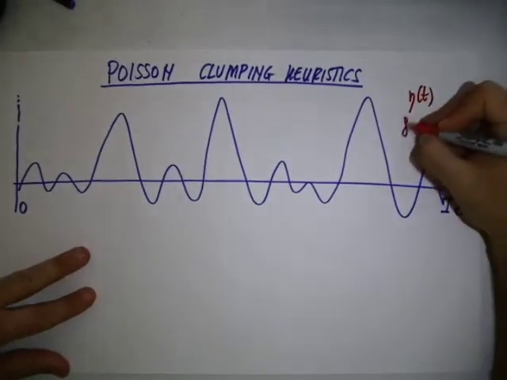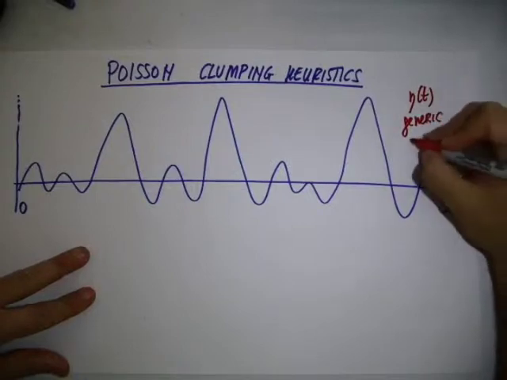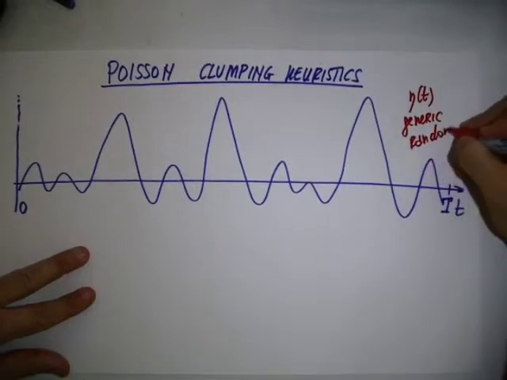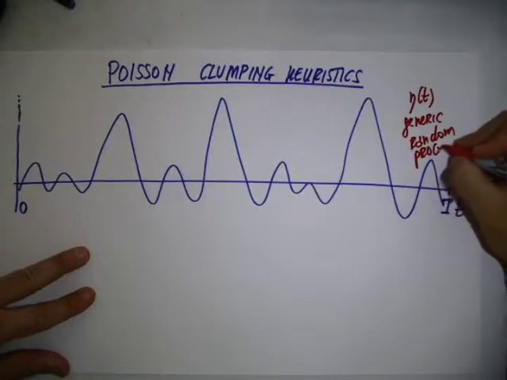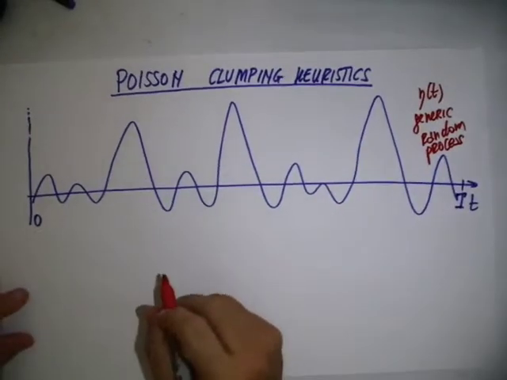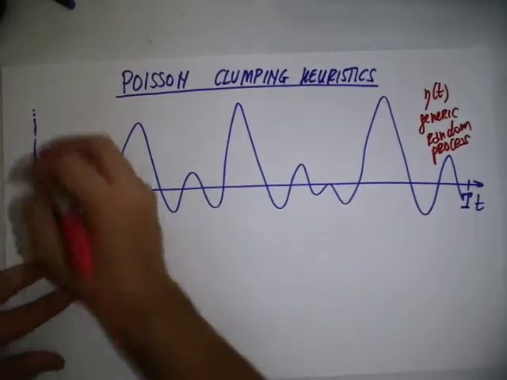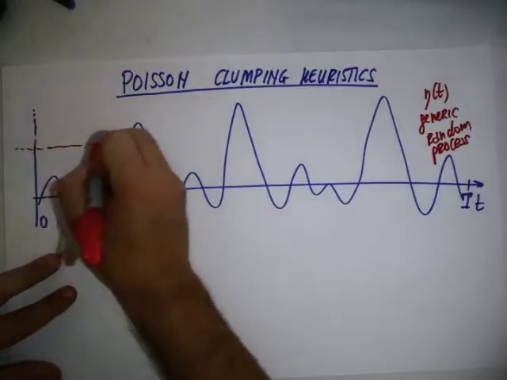Eta t, a generic random process. It can be anything. And let's fix a threshold h.